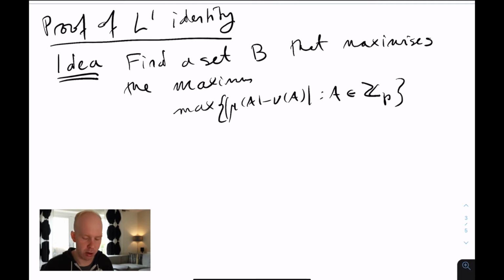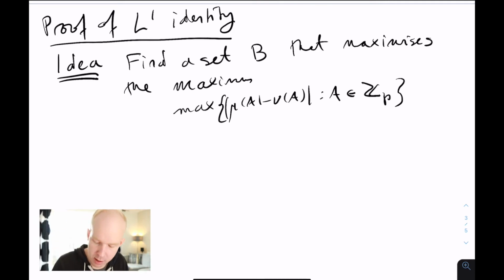So remember that the total variation distance is actually maximized by one of the elements because there are only finitely many subsets of Z_p. So you need to just find one of those sets that maximizes this maximum. That's the first thing to do.